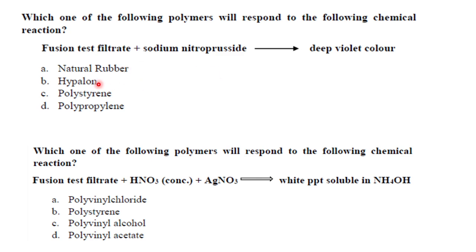The first is natural rubber, the second is Hypalon, the third is polystyrene, and the fourth is polypropylene. Which will show violet color when it comes in touch with sodium nitroprusside? Anybody please?